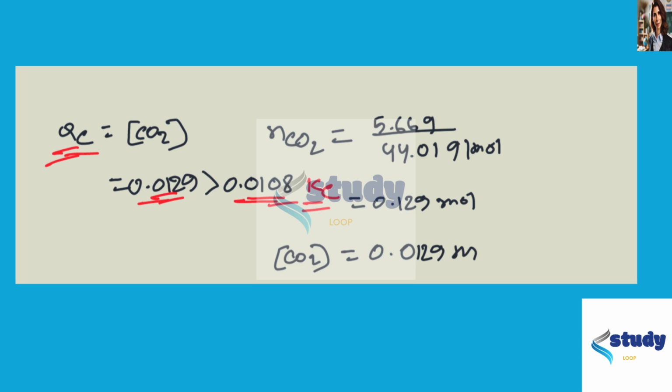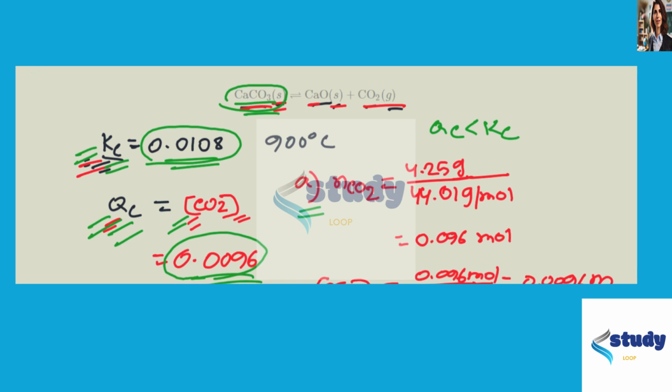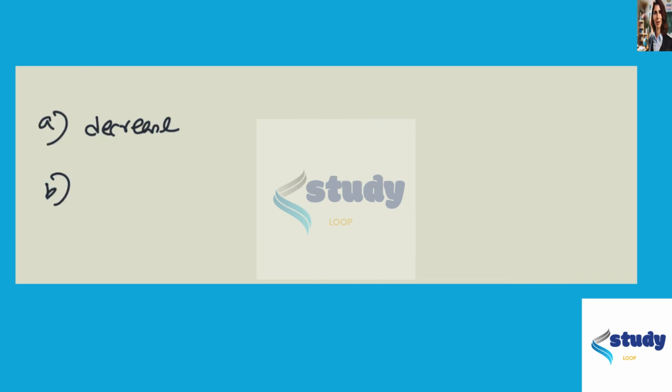To decrease Qc, we need to decrease the concentration of carbon dioxide. And to decrease the concentration of carbon dioxide, we need some calcium oxide to react with carbon dioxide, and that will form some calcium carbonate. That means it will eventually increase the amount of calcium carbonate. So in the second case, the answer is that the amount of calcium carbonate will increase.